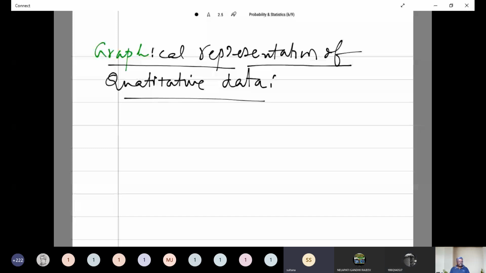Now, a frequency distribution for quantitative data lists all classes and the number of values that belong to each class. That is very, very important.